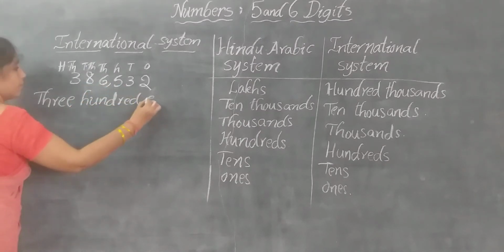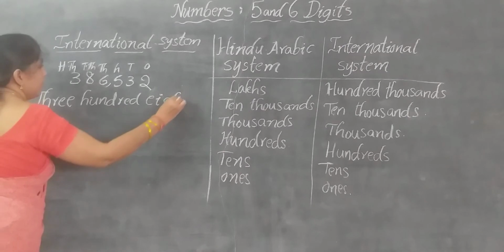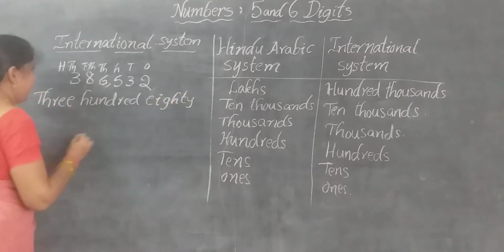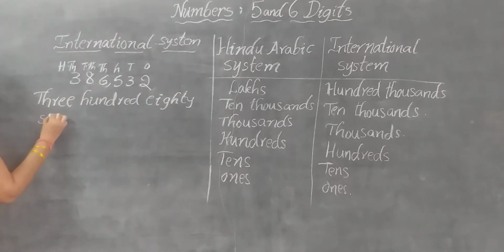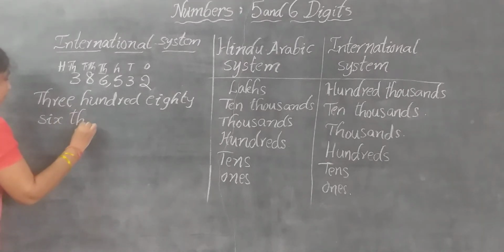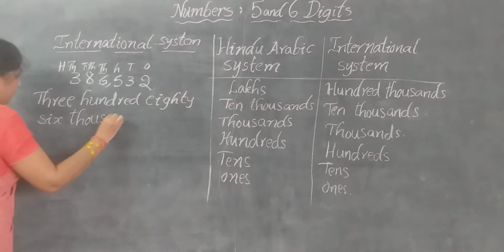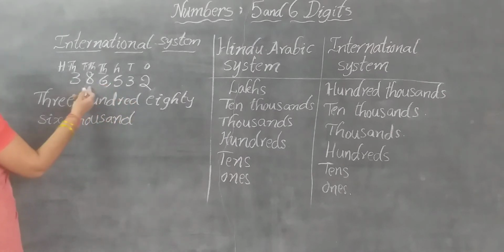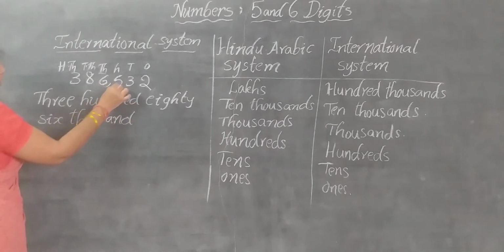386. Eighty-six. 386 what? Thousands. 386,000. Thousands completed. Next, this one, which place is here? Hundreds place.